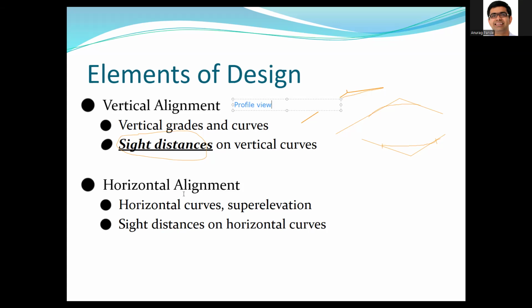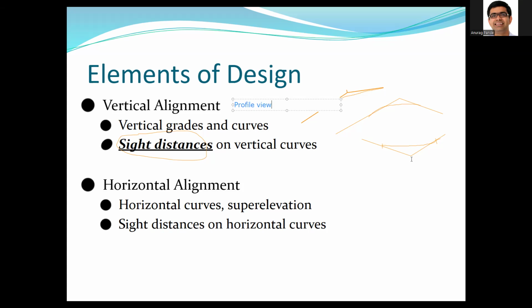Now, when I'm talking about horizontal alignment, that means I'm talking about a change in direction. When I draw it on the board or on the screen, the picture I'm going to draw for vertical curves and the picture I'm going to draw for horizontal curves are going to look very similar.